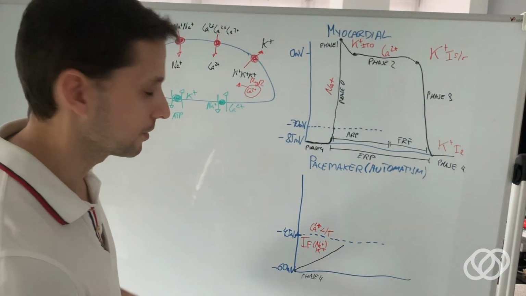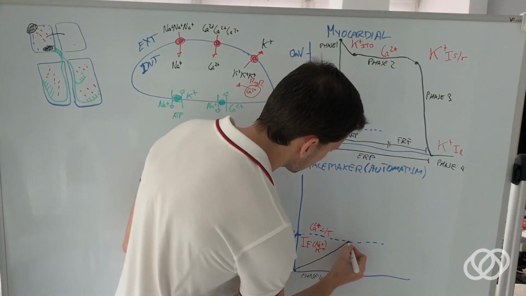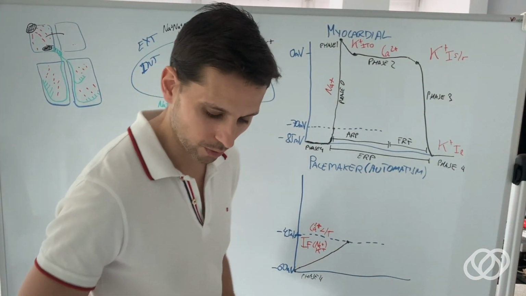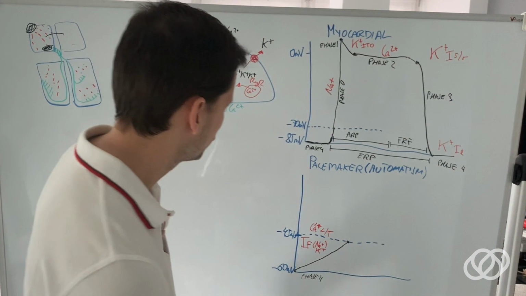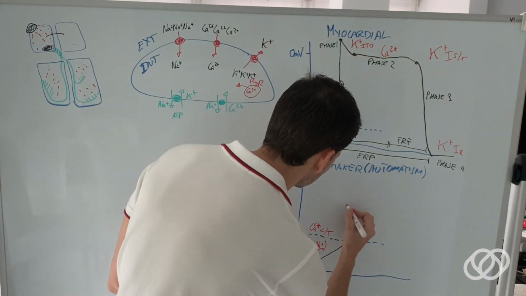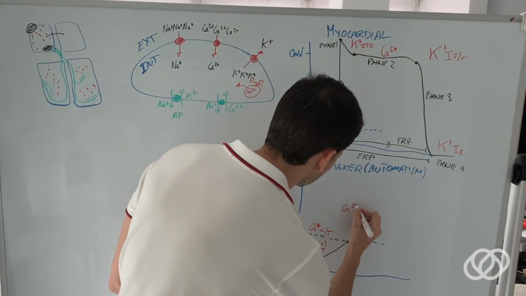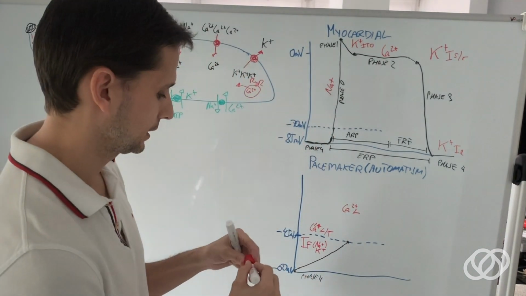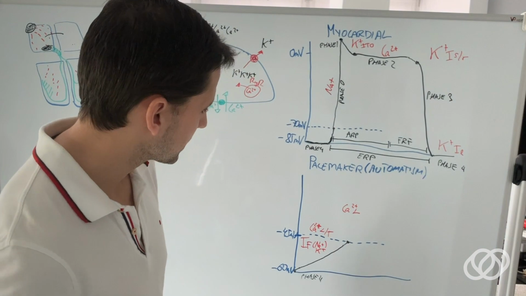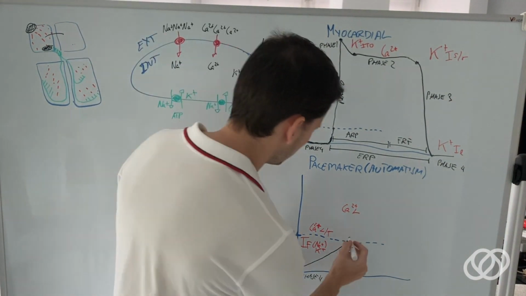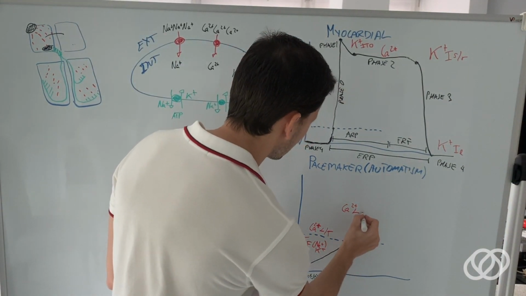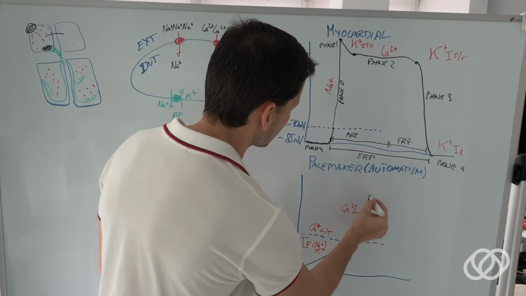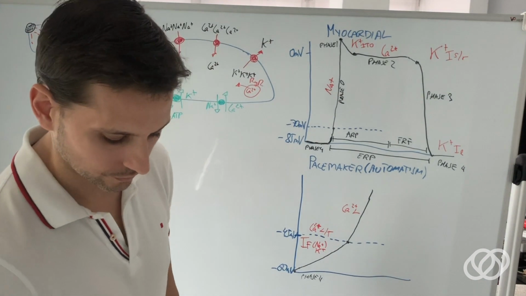That is phase 0. In this phase 0, instead of sodium that we have here, the main character will be calcium. It will be calcium L-type channels. When they open, they start the depolarization of the cell, so it will not go as fast as this one, but it will go faster and will depolarize the cell.